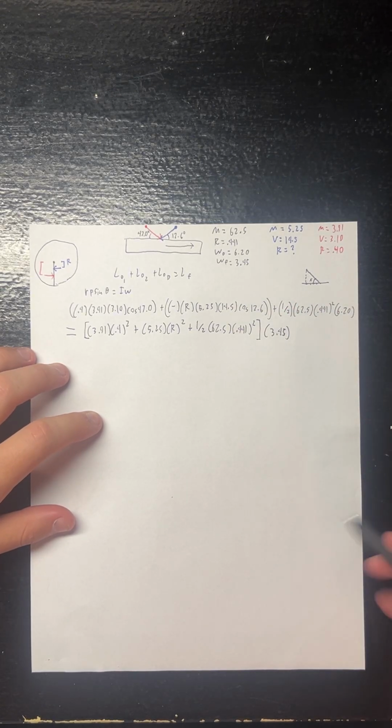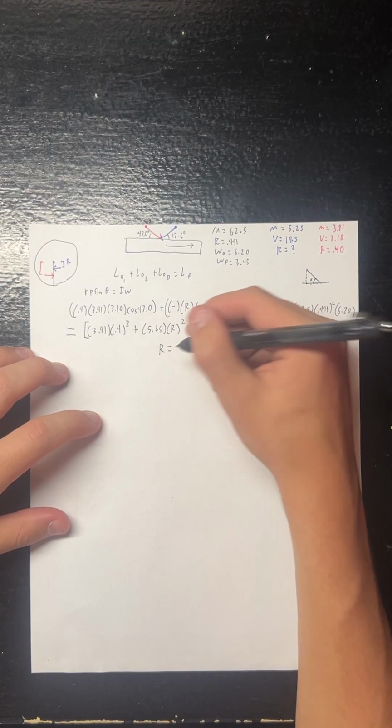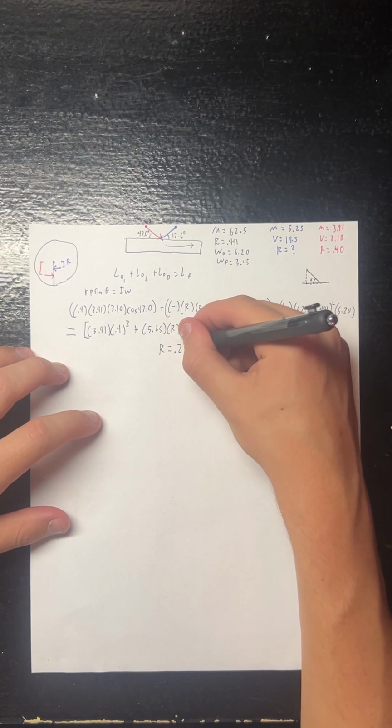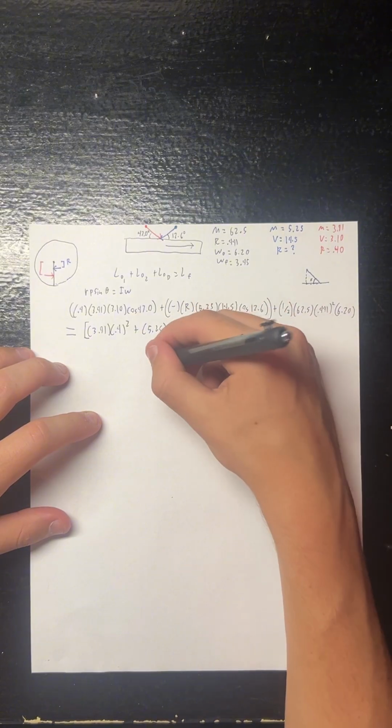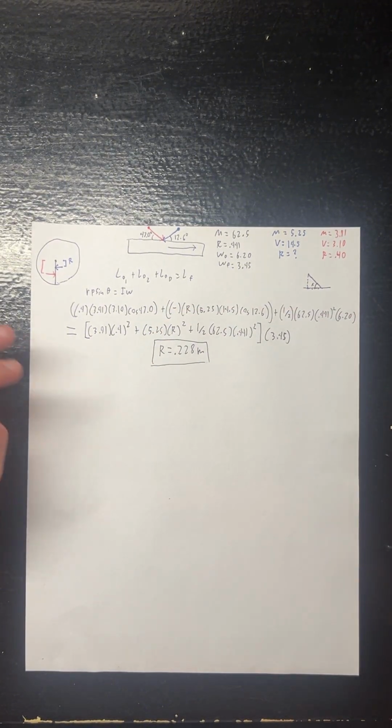Once we have all that, just plug it in a solver, and you should come out to R equals 0.228 meters. And that is how to do a question like that.